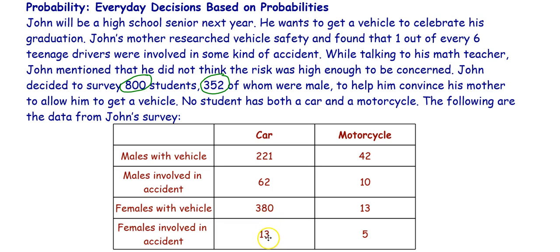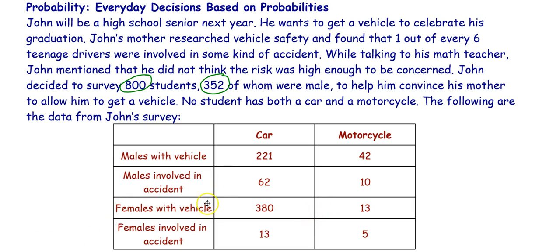Out of those, 13 were involved in some kind of accident, and 13 girls were having motorbikes. 5 of them were involved in the accidents. This is the information we have with us now.